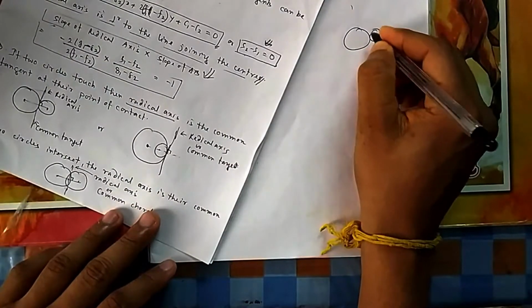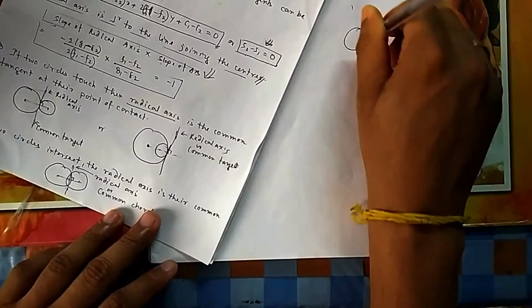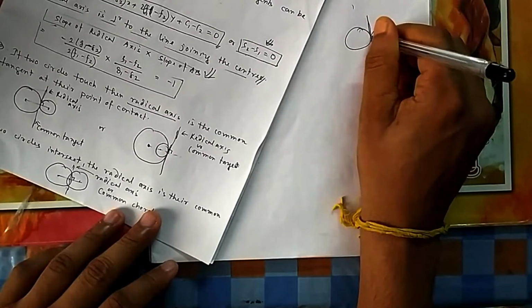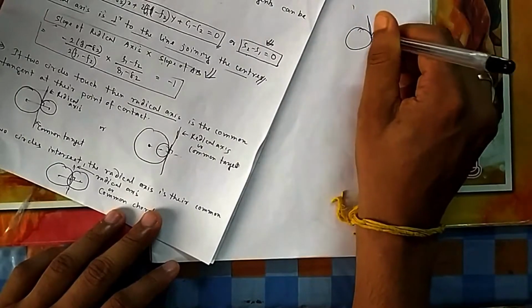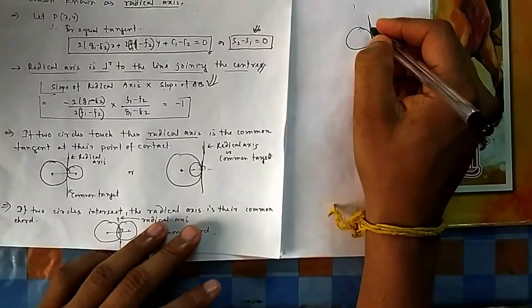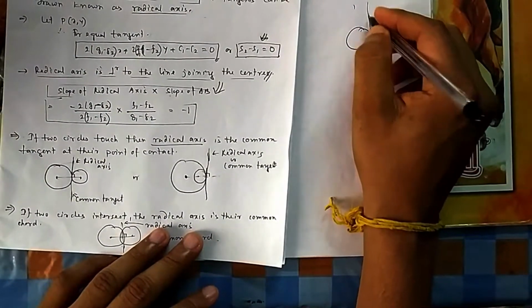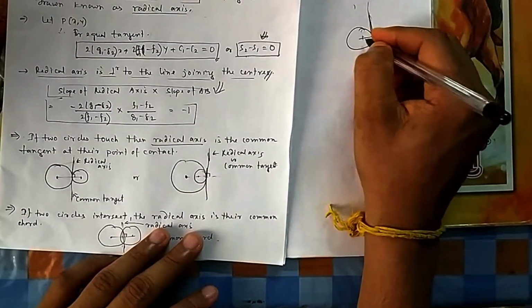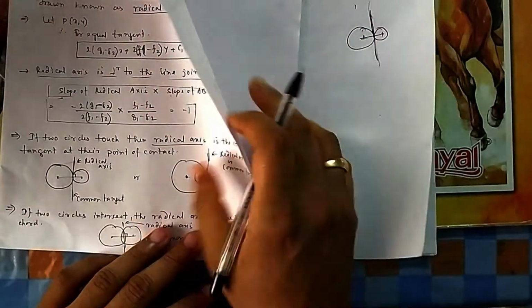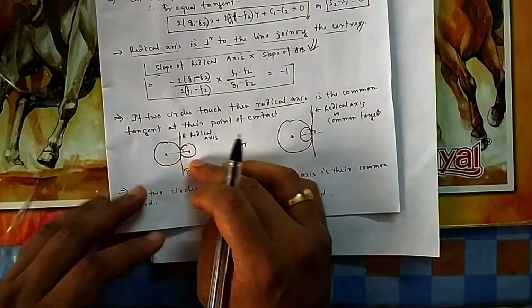You can see it in this way also. Suppose these two touch each other. If you come to this point, what is the distance from this circle at this point? It is 0. From this point it is 0. So it is equal. So here on this line itself, and it should be perpendicular to the line of centers, which means it is a tangent. The radical axis cannot go inside a circle.